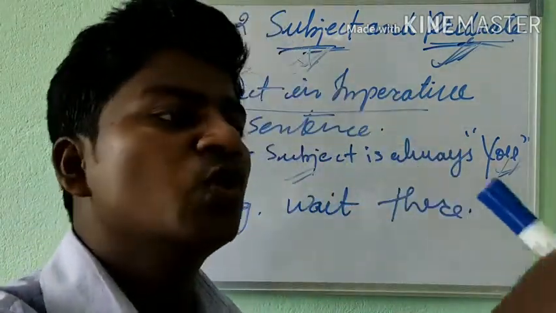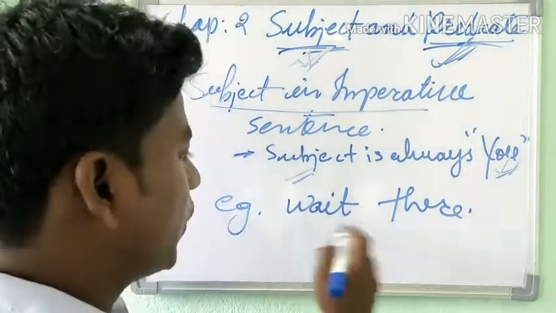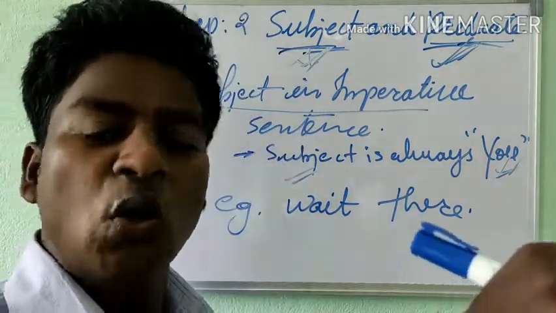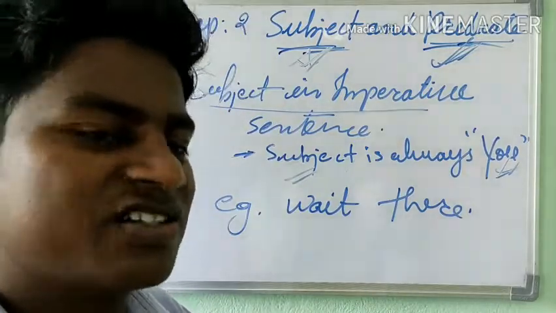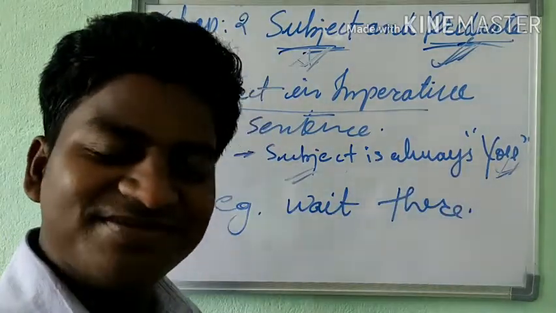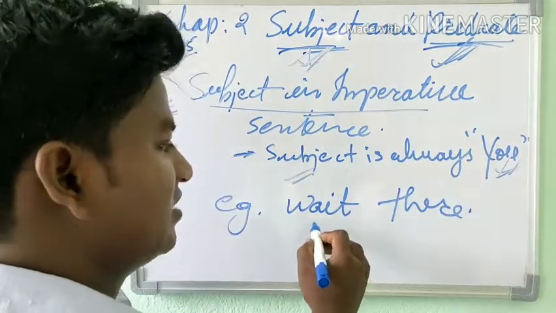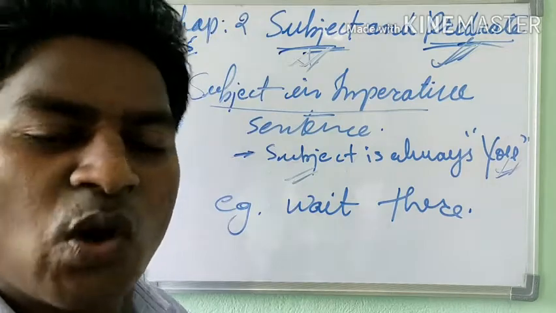You should wait there. In another way, if we want to say, we can say you should wait there. That's the same thing, just we are saying wait there in imperative sentence. This is an imperative sentence. Okay?